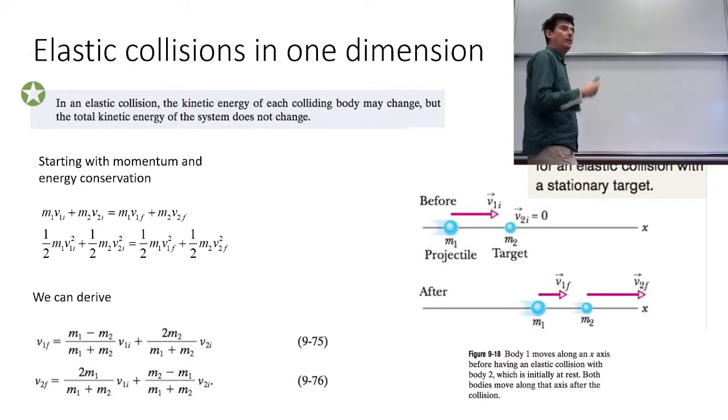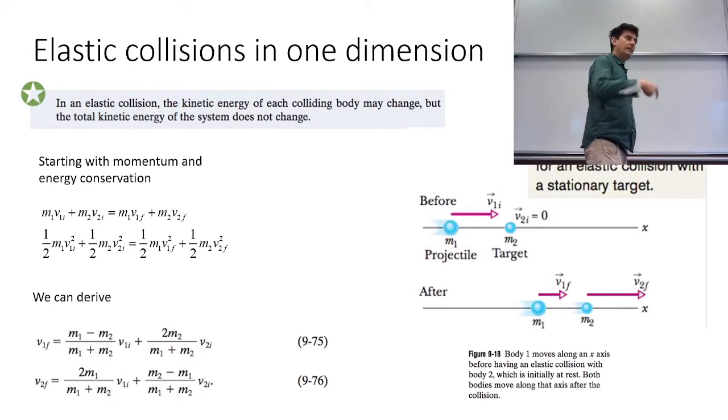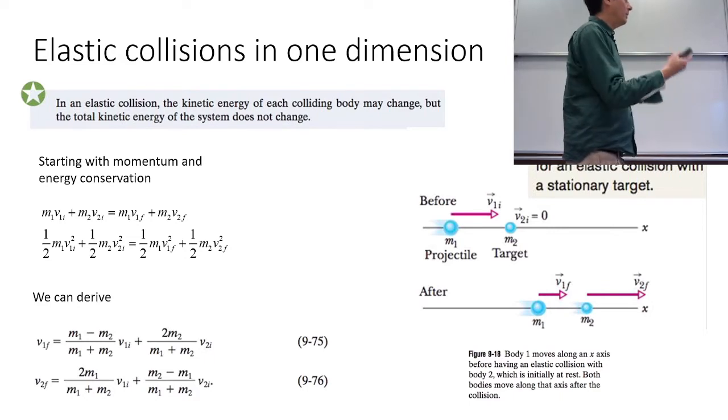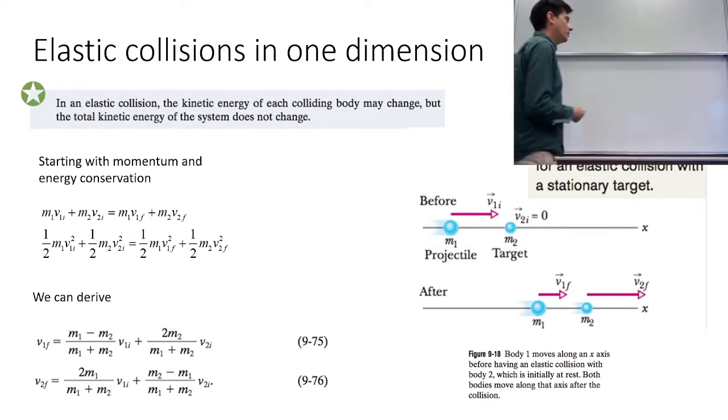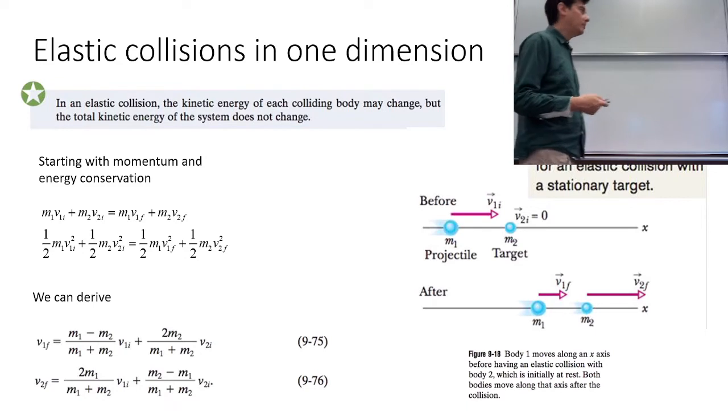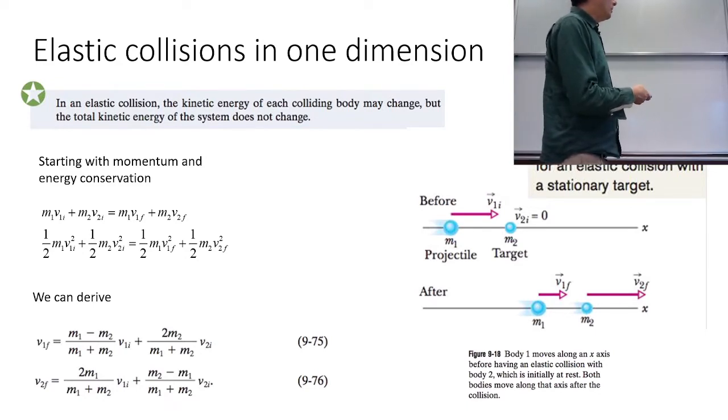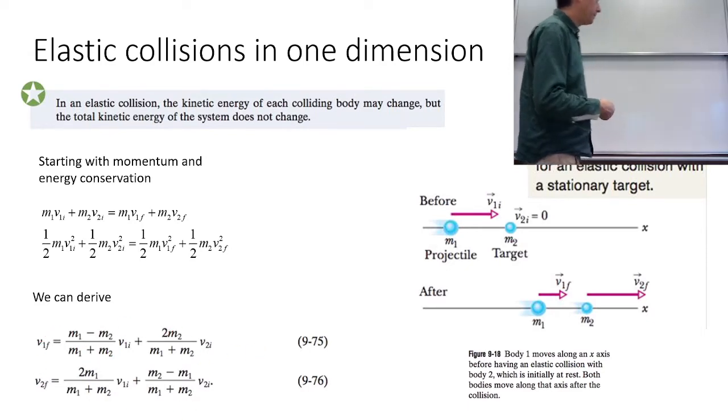In the inelastic case, we could only really work out one of those, so you'd have to have the other one given to you. So this is the relationship between the final velocities and the initial velocities, something like this.